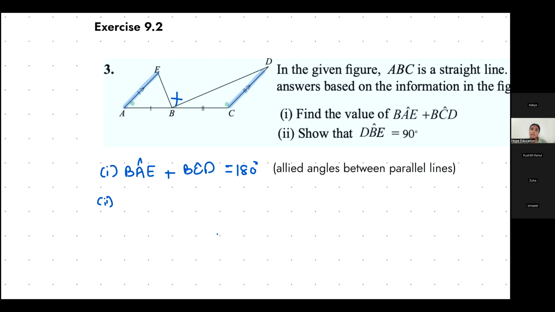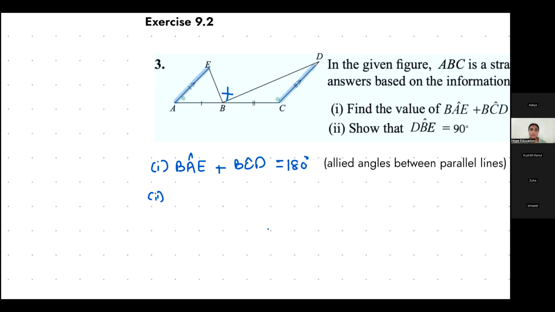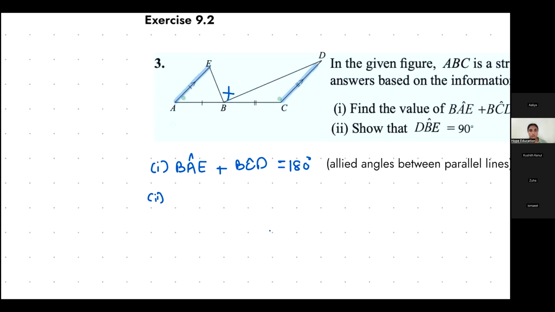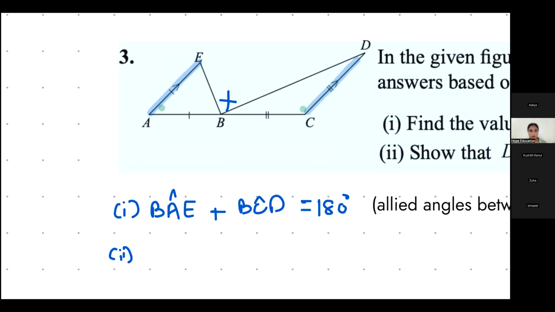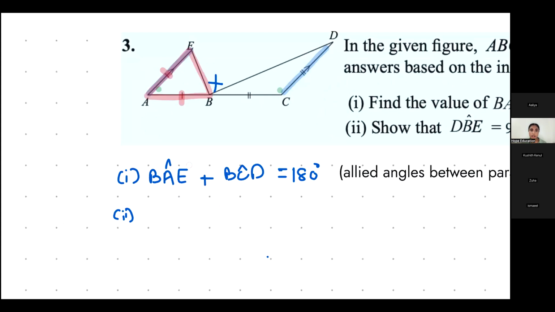And how did you get the answer? Okay. Right, which is correct. So if you look at this triangle, we can see this side and this side are equal. That means it is an isosceles triangle, and in an isosceles triangle the base angles are equal.